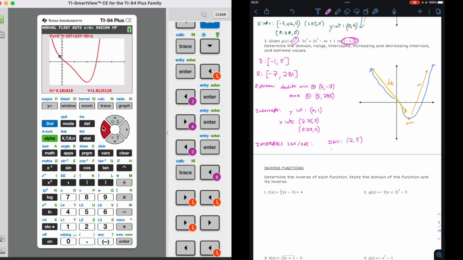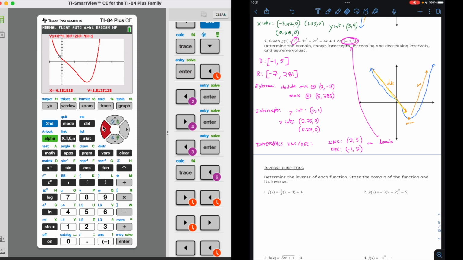So 2 to 5, and then we are decreasing from -1 to 2. And this is on our domain that we've chosen up here. Realistically, this function is increasing from 2 to infinity and decreasing from -infinity to 2. So that's something to bear in mind.